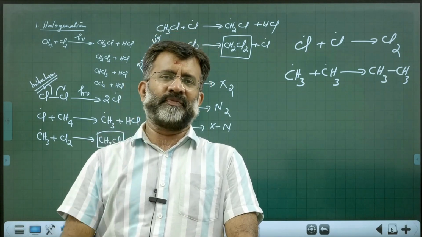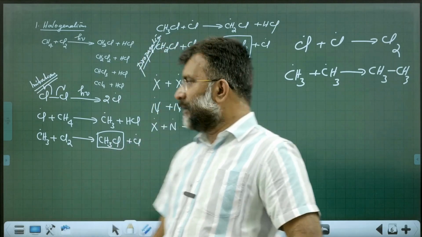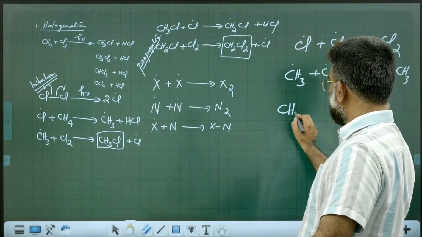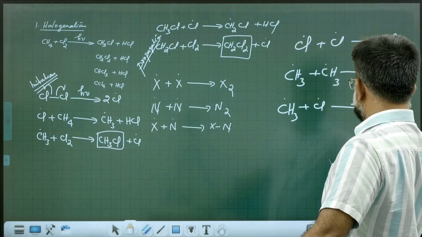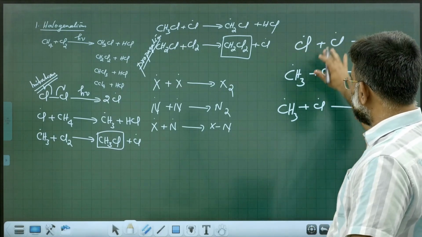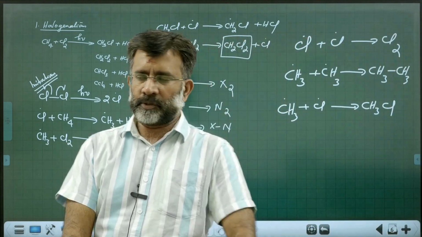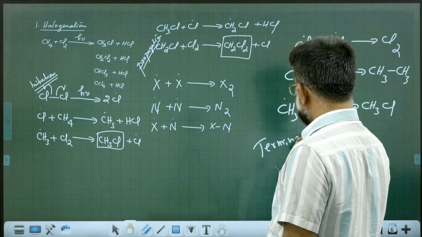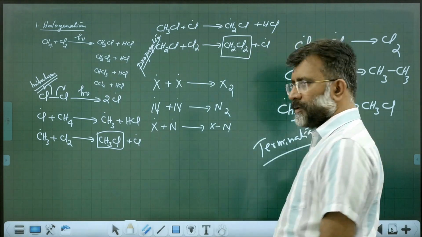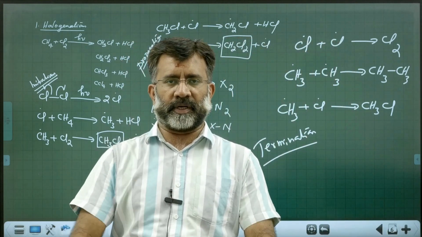Two methyl free radicals ultimately can give you ethane. Suppose a methyl free radical meets a chlorine free radical, you will get CH3Cl. So whenever two radicals meet, that chain will be terminated. So this is chain termination. Chain initiation, chain propagation, chain termination.